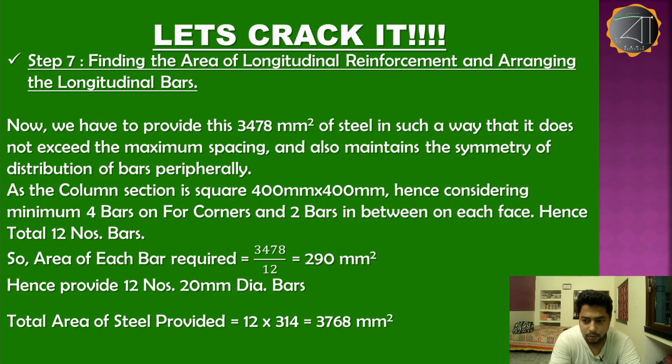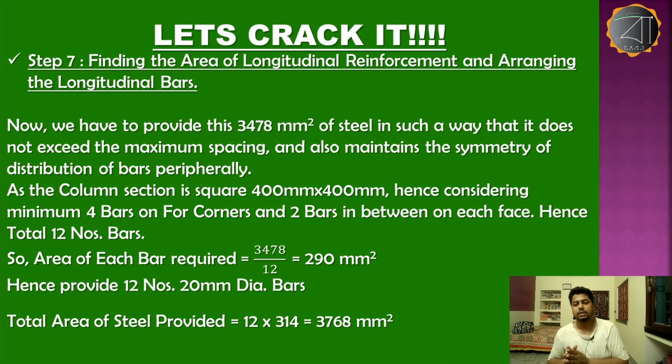Because if we do not provide it symmetrically, then we have to make sure that it is in the direction of the greater bending. So, it is much wiser to distribute the bars peripherally in symmetry. As the column section is square, 400 mm by 400 mm, our section is already symmetrical, right. So, it is good practice to provide these bars symmetrically.